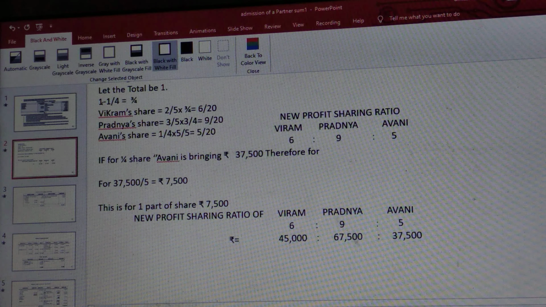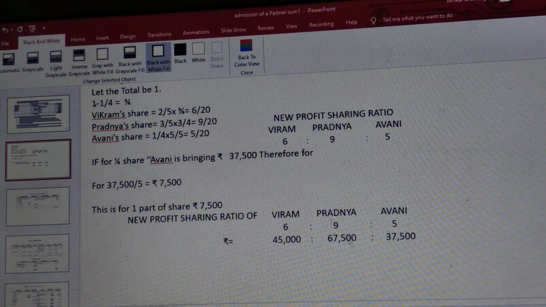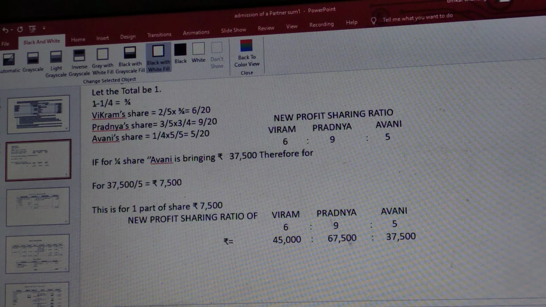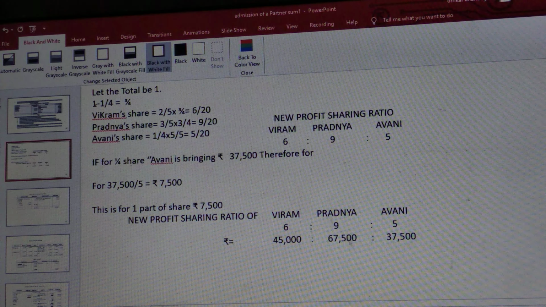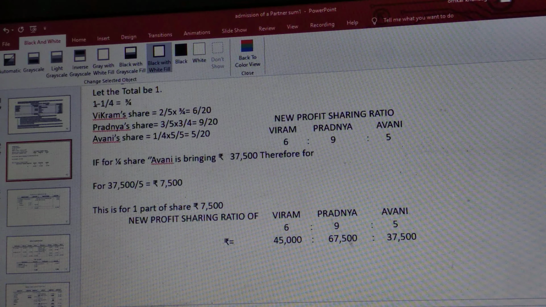So what are we going to do? We are going to multiply this one ratio by 6 for Vikram's share, by 9 for Pradnya's share, and by 5 for Avni's share. Now this will be the new profit sharing ratio, and these will be the remaining balances of the capital in their new balance sheet.